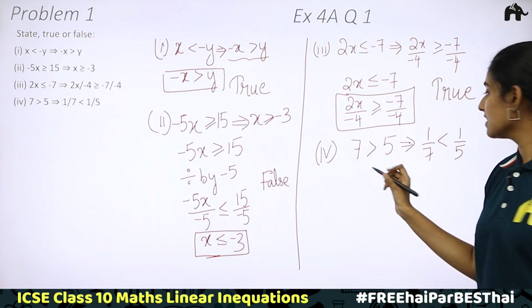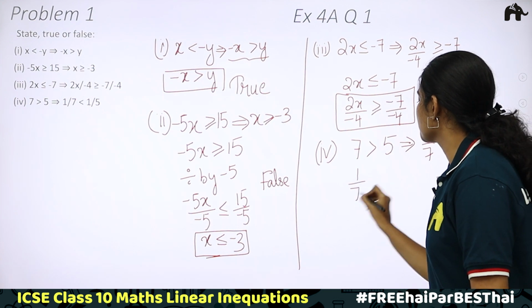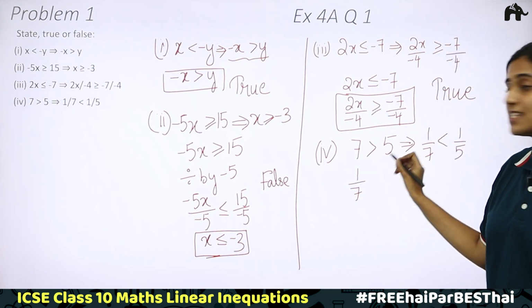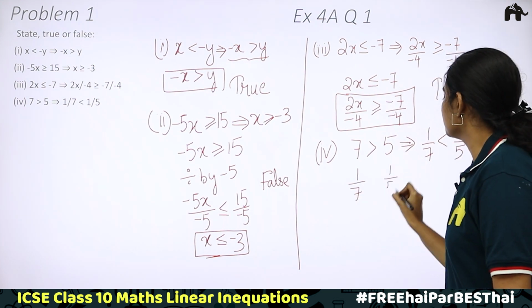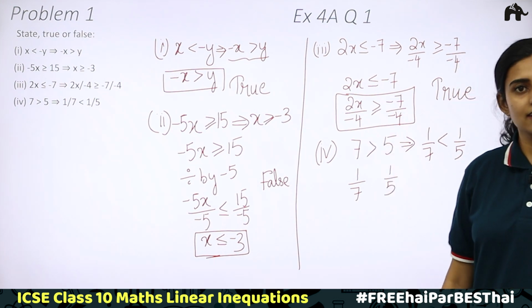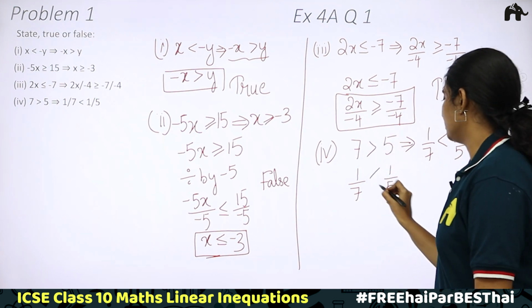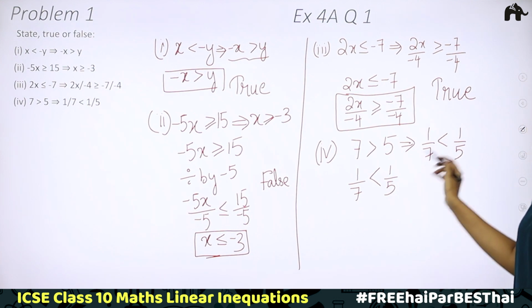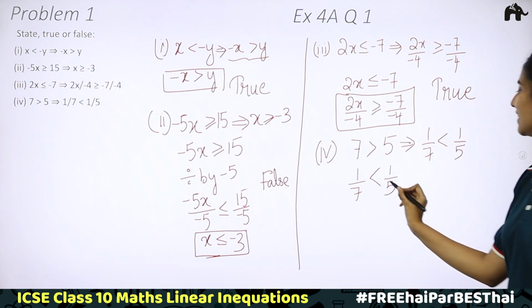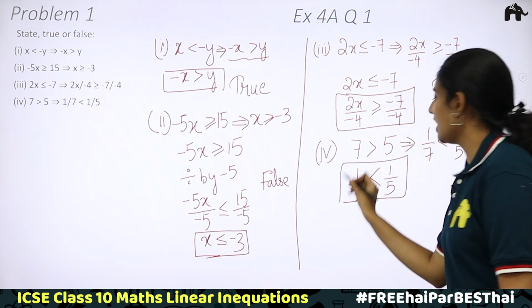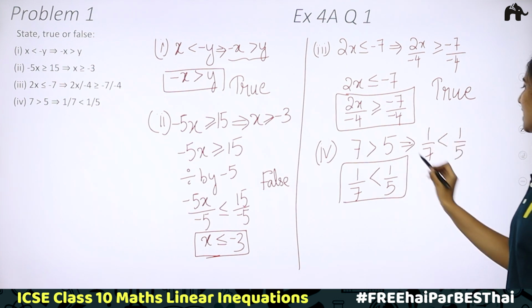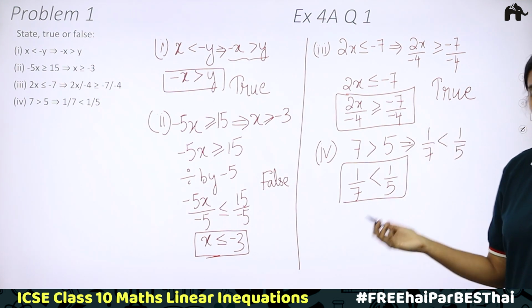Reciprocal of 7 is 1 by 7. Reciprocal of 5 is 1 by 5. Here we have greater than becomes less than. Same thing, right? So this is the implication that we get, and in the question, the given implication is true.